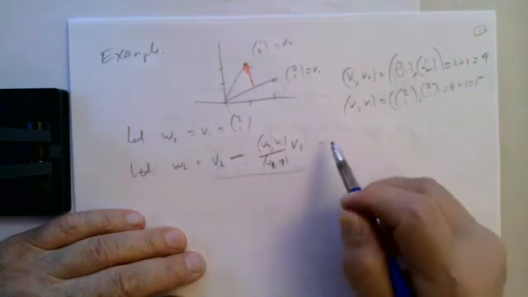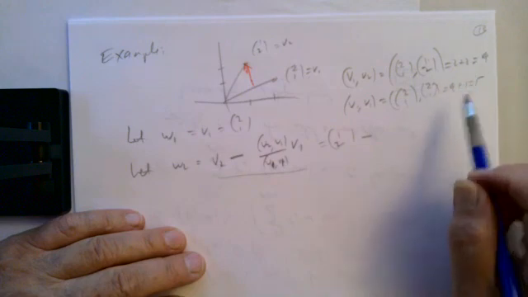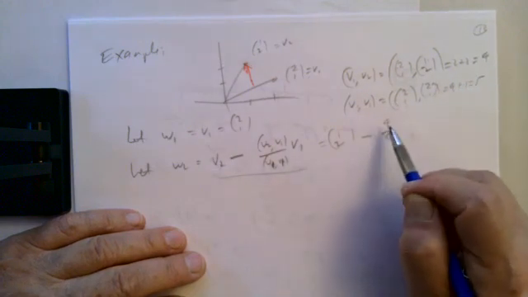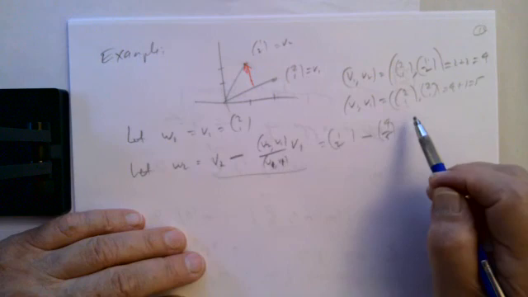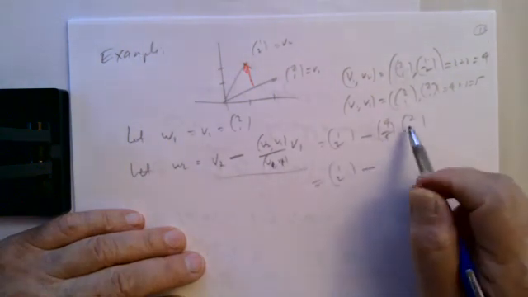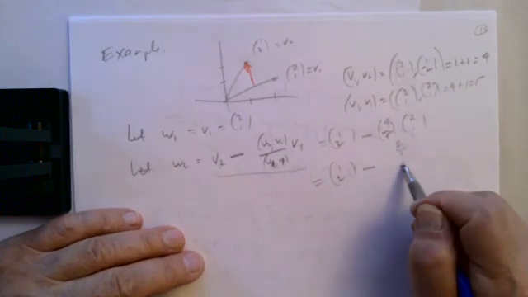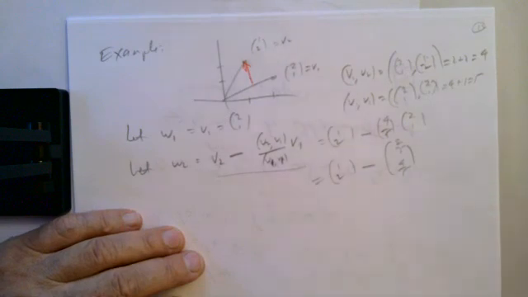So this is V2, which is the vector 1, 2, minus 4 over 5, that's a scalar, times the vector V1. So that's 1, 2 minus 8/5, 4/5.